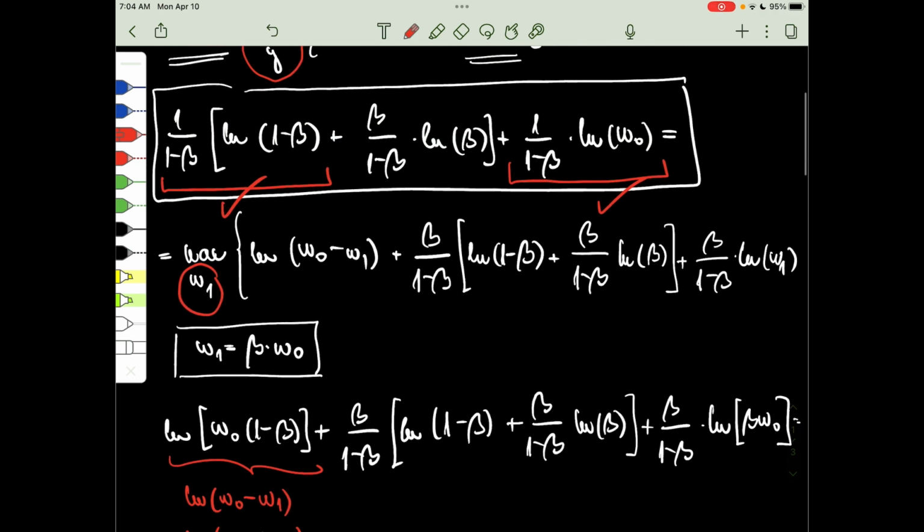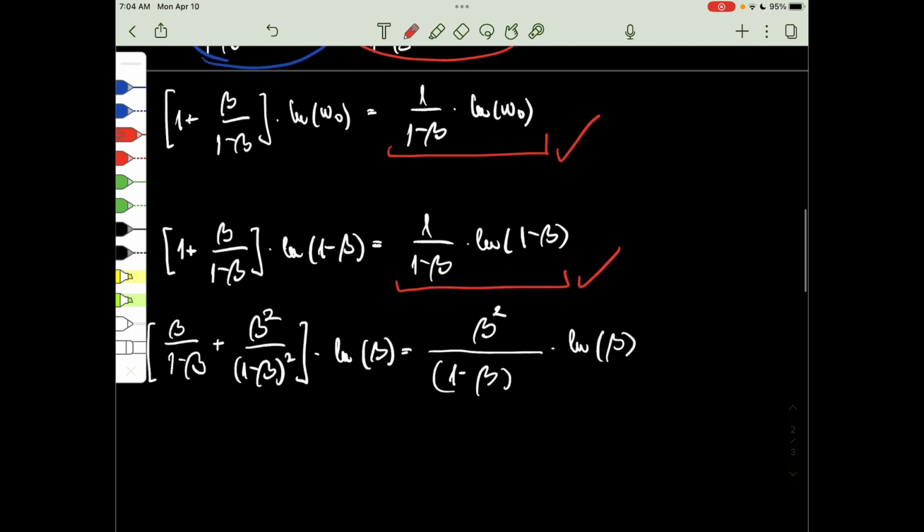So this is what we have at the bottom of the page. Okay, let's check.